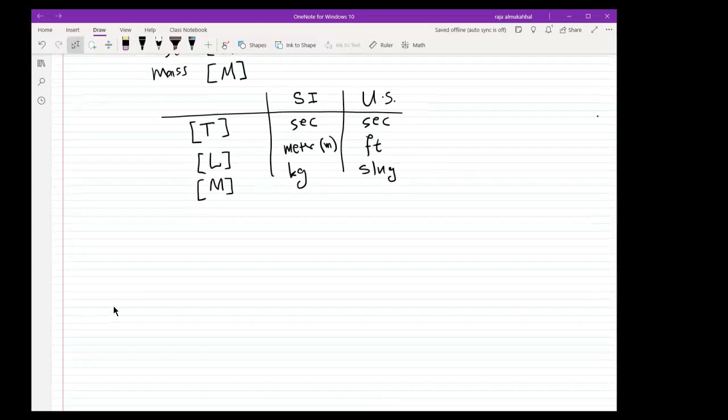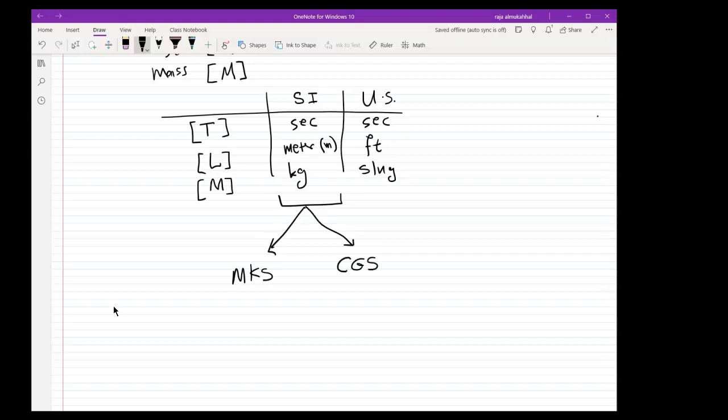Back to the SI system. In the SI system, there are actually two subsystems to it. One we refer to as the MKS, and the other one is the CGS. Okay? What does that mean? MKS stands for meter, kilogram, second, and the CGS stands for centimeter, gram, second. You see that?